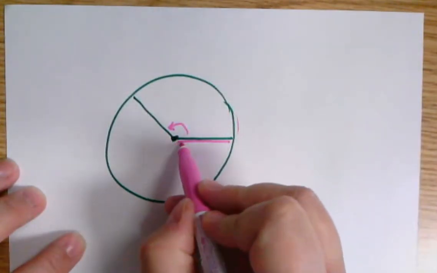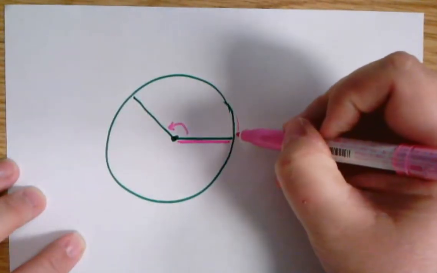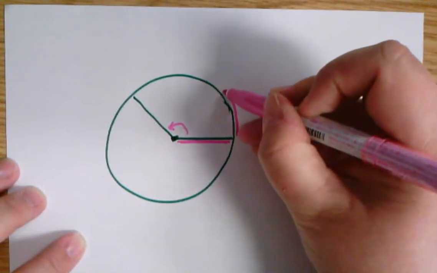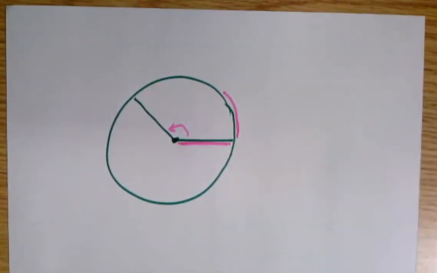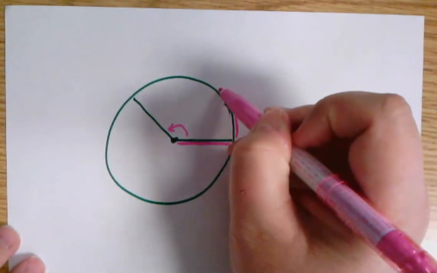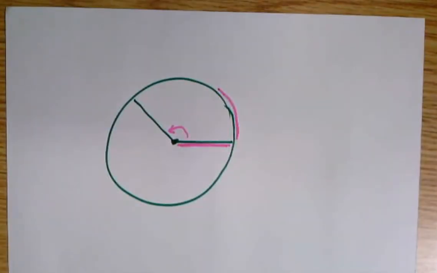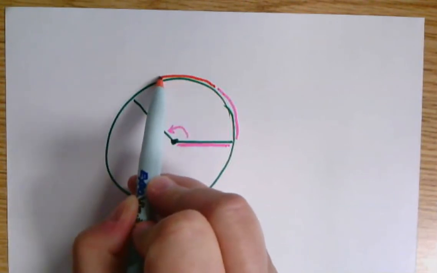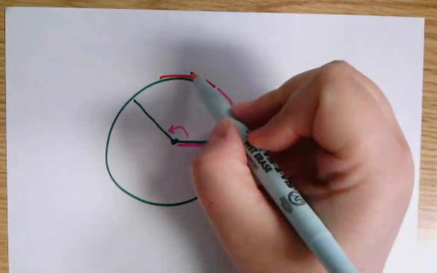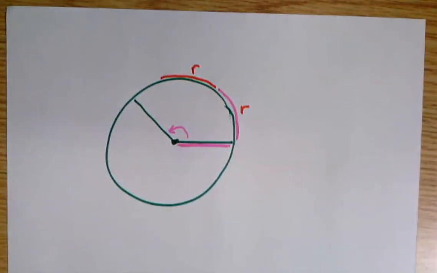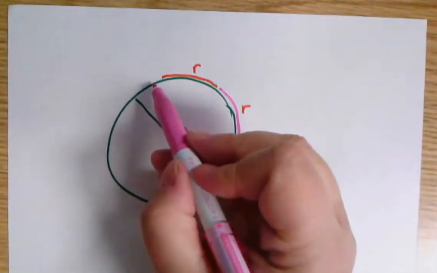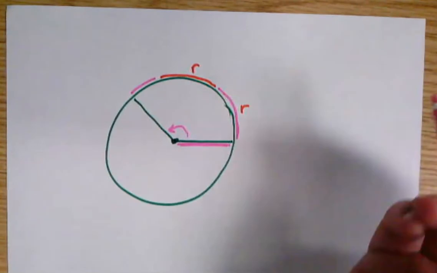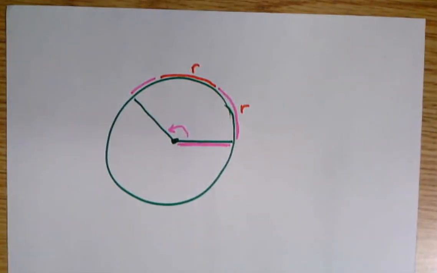Here's the length of my radius, and if I were to pick that up and lay it here, it would go this far around, and then lay it here. That's another length of the radius. So each of these is the length of the radius, and then a little portion of the radius. So this could be maybe like 2.3 radians or something like that.